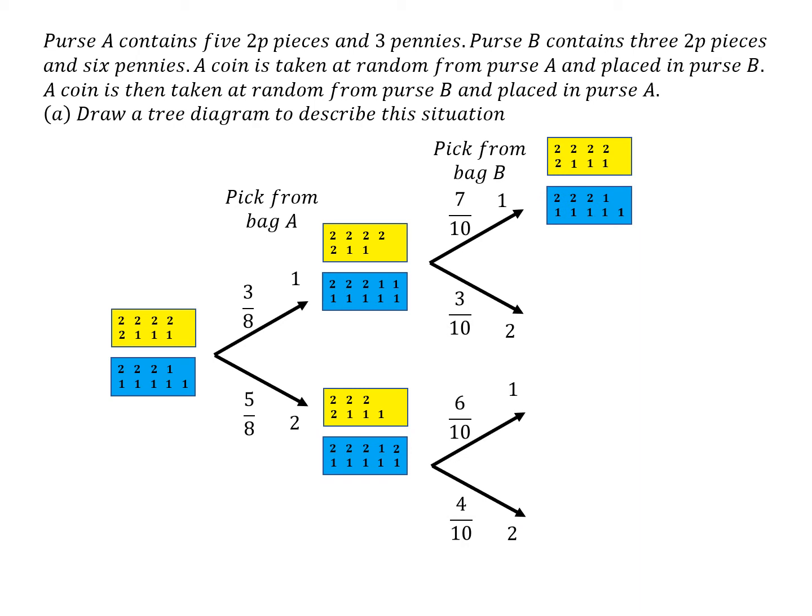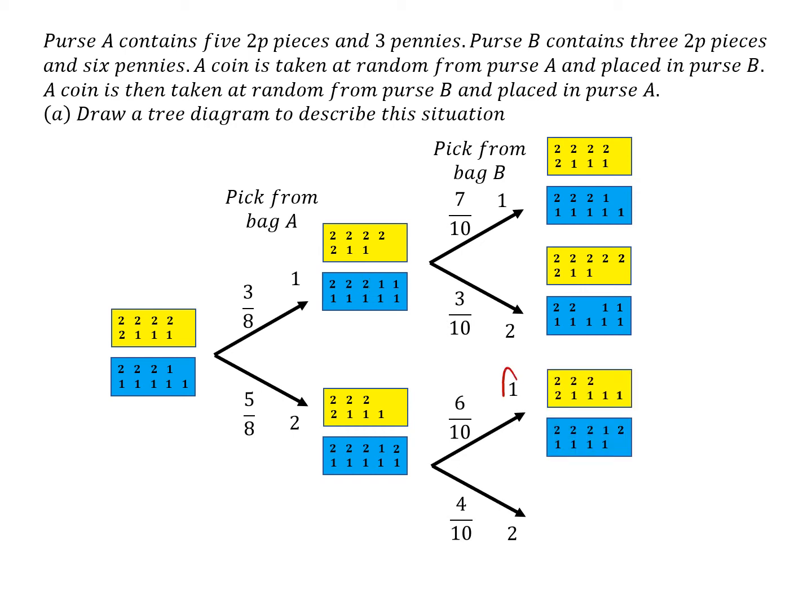So if we took this penny coin here, let's say we take that penny coin from purse B and put it into bag A, then this is what the purses look like now. If we take a 2p instead from purse B and put that into purse A, then this is what the purses look like now.